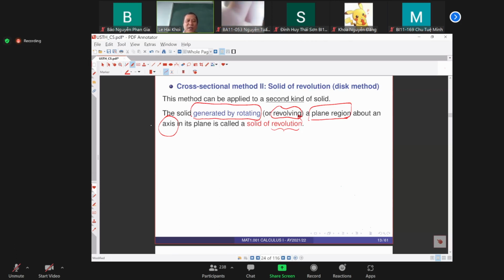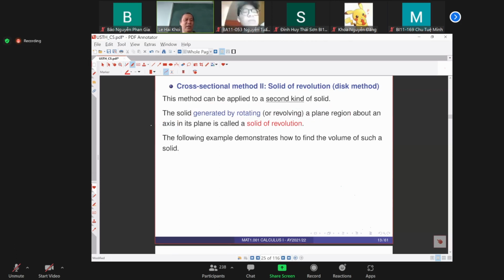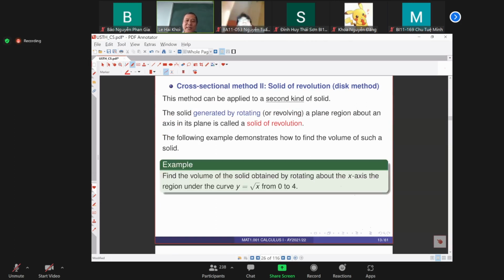Okay, so here, for example, we look at this example to understand how to work with this method. Find the volume of the solid obtained by rotating about an axis the region under this curve from 0 to 4.